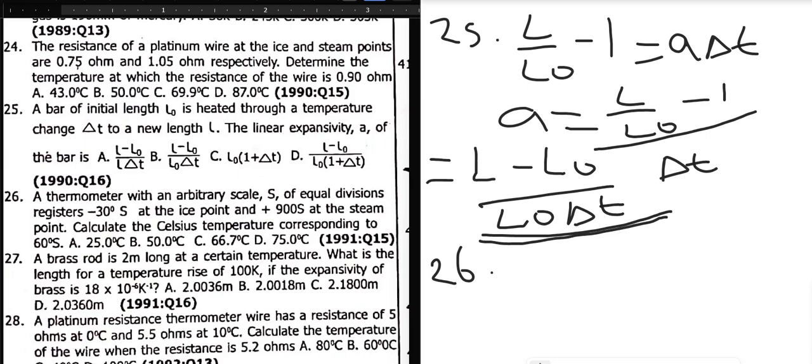So first of all, what we're going to do is we're going to have a ratio, and what we're going to use is straightforward. We're going to say 0 degrees, that's ice. Remember that anything 0 C is ice. Then we have over 100.